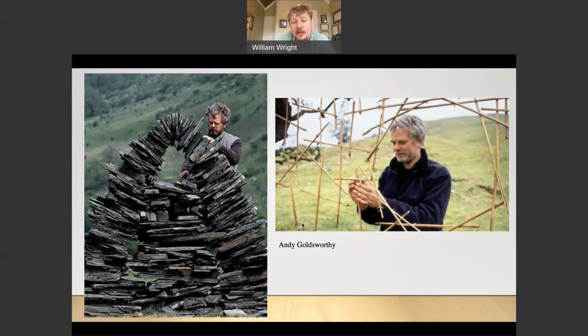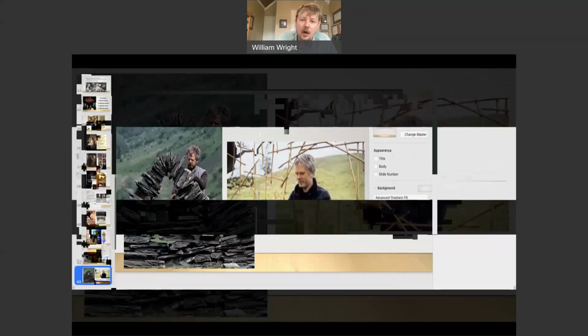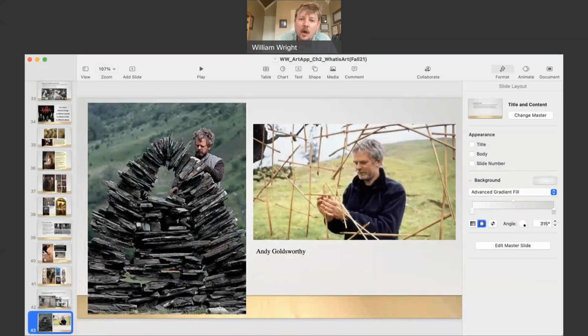And if you watch the documentary about him, Rivers and Tides, I think is the name of it, this piece falls apart as he's finishing the interview, and you can tell he's very frustrated, but that's part of it, the temporary or ephemeral nature of it. Yeah, so that gets us through talking about different types of art, and what art is.